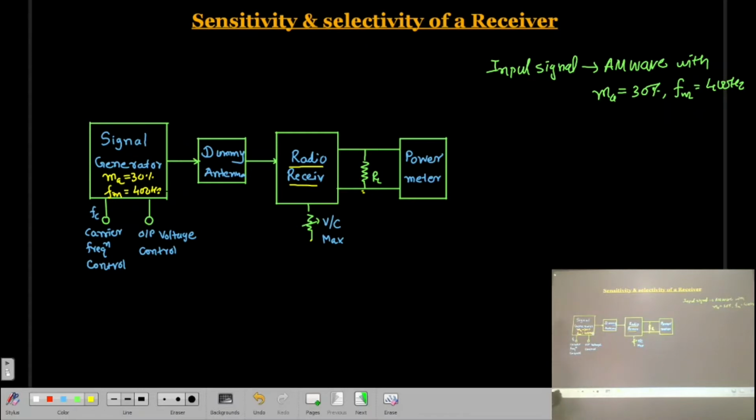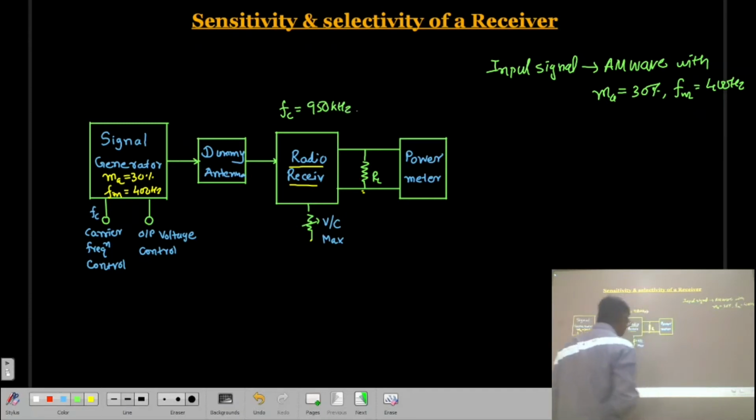Then, for whatever receive frequency you want to measure the sensitivity, you have to tune the radio receiver. Suppose we want to find out the sensitivity at a carrier frequency Fc equal to 950 kilohertz.